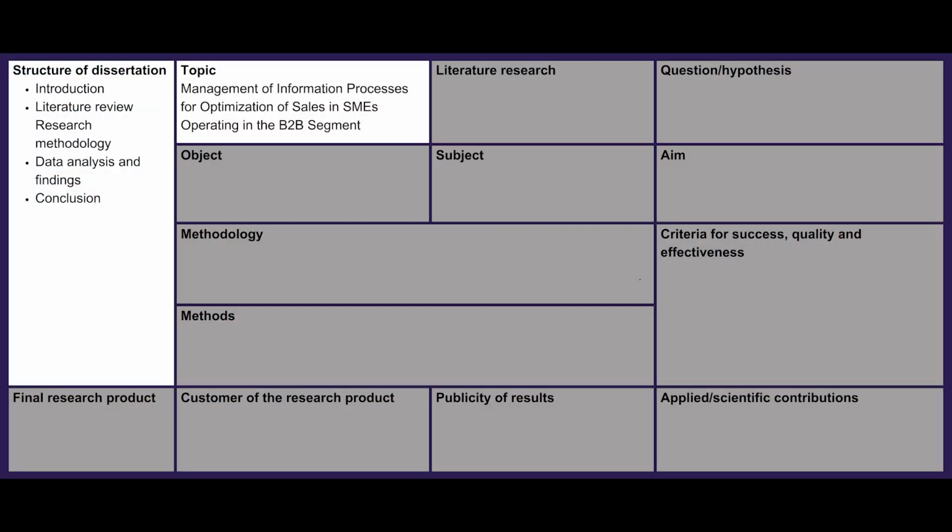All right. And what is actually this dissertation about? What is the topic that he's dealing with? The topic of this dissertation is management of information processes for optimization of sales in small and medium sized enterprises operating in the segment business to business, B2B.